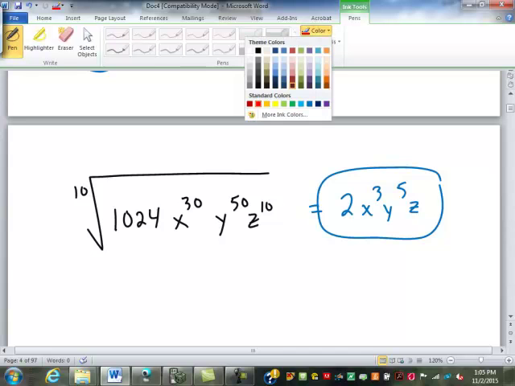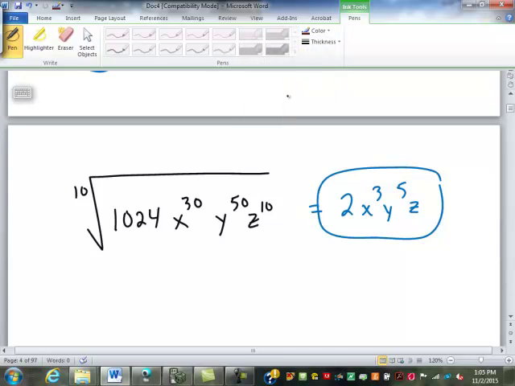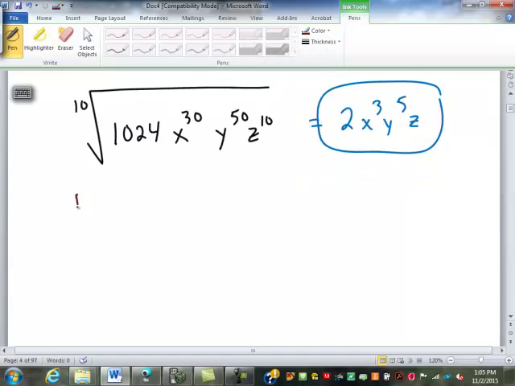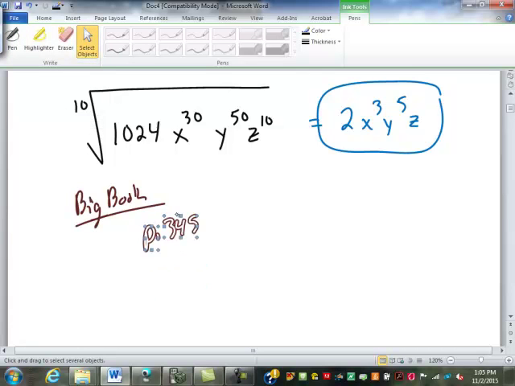It is time for me to give you a little homework for the first hour here. And then we get a break after you work on the homework for 15 minutes or so. In the big book, page 345, exercise 13-6, do the odds.